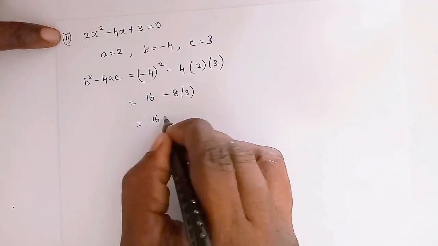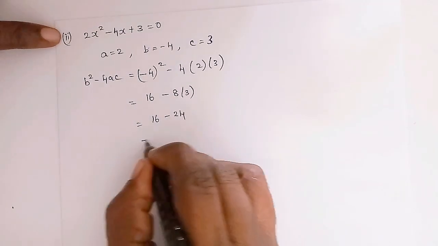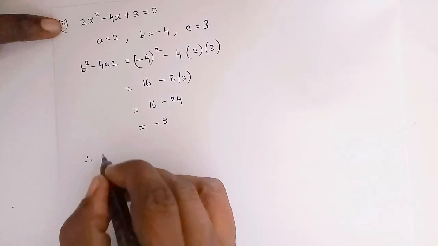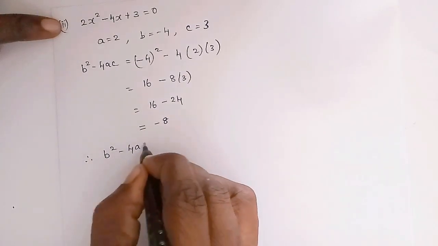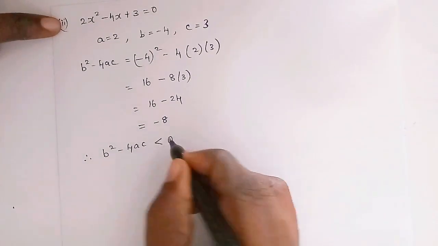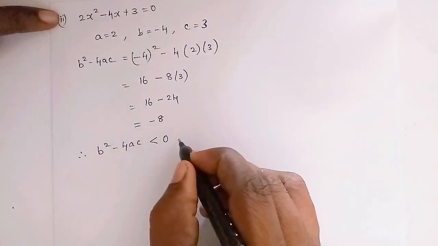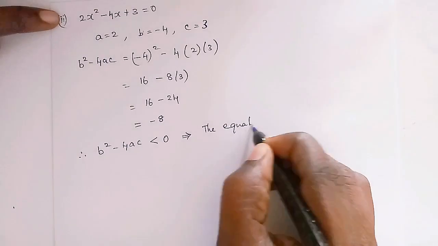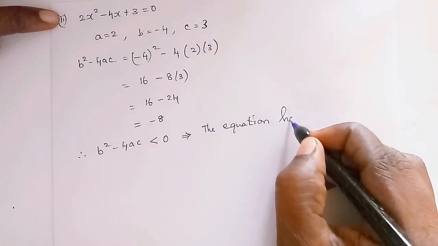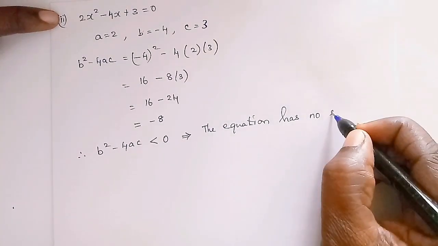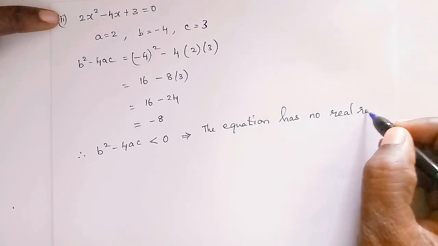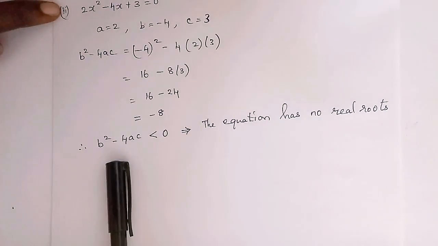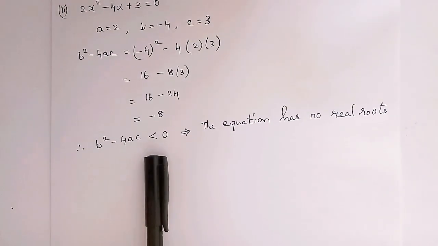That is 16 minus 24, that is equal to minus 8. We got it. Therefore, b square minus 4ac value is less than 0. Since it is negative, it is less than 0, which implies the equation has no real roots. We won't get any real roots since the b square minus 4ac value is less than 0.